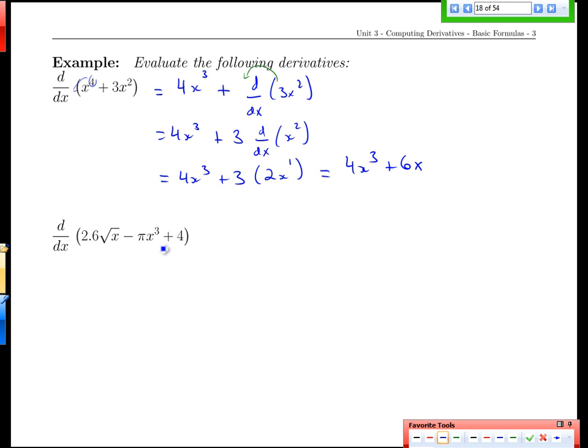All right, let's do a slightly more complex example here. The only issue here is pi, just remember, is a constant. The only tricky part here is the square root of x, which can be written in power form. So this is a good idea before you start taking derivatives, is to convert all roots to powers.